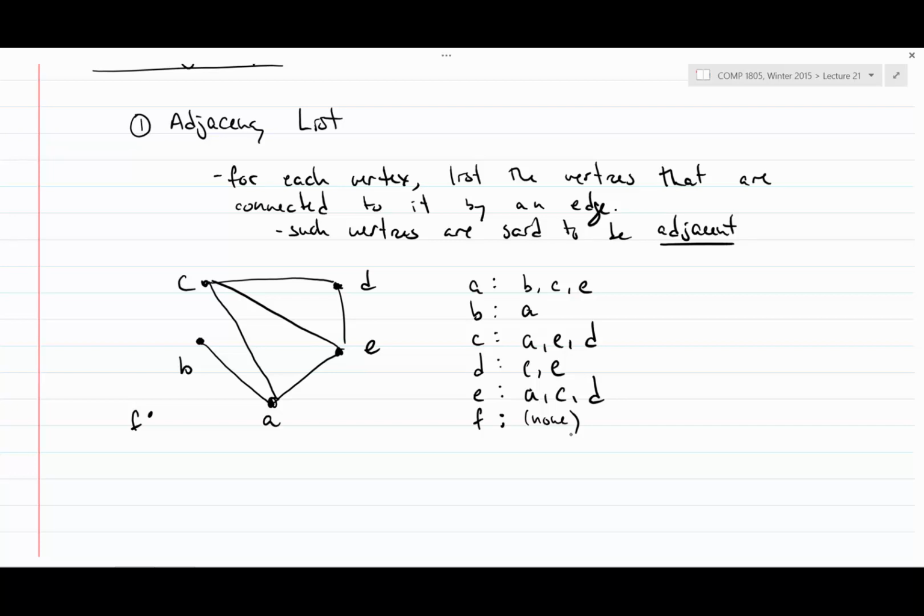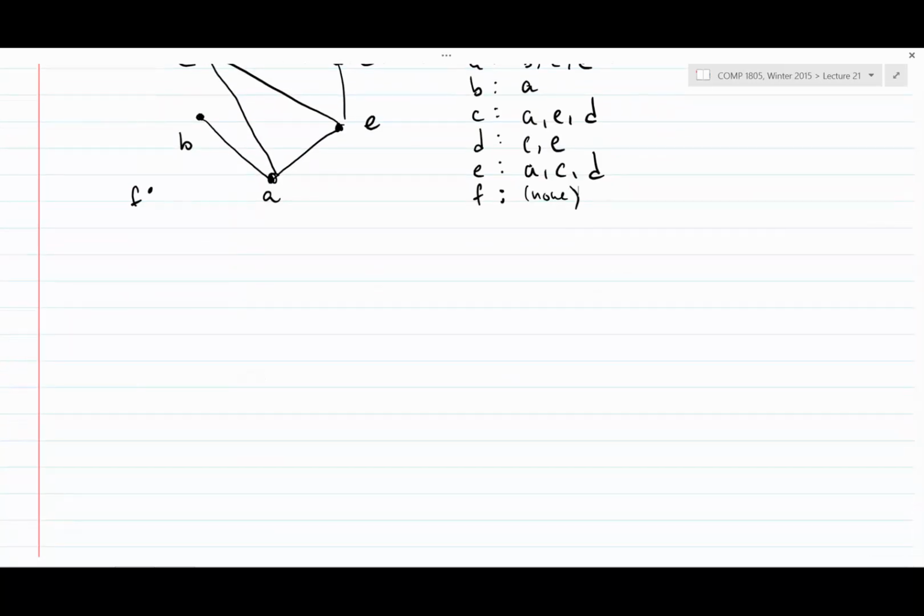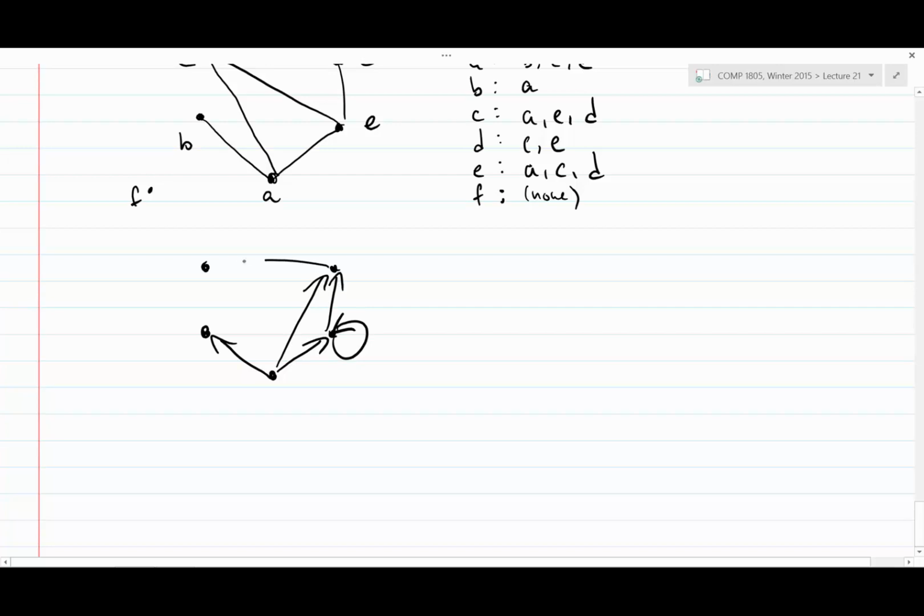All right, so as I said, we can use adjacency lists even in the case of, say, a directed graph with self-loops. That's completely fine. So let's make a slightly fancier graph. So let's say I have edges there, there, there, there, there, there, going back like that, and like that.